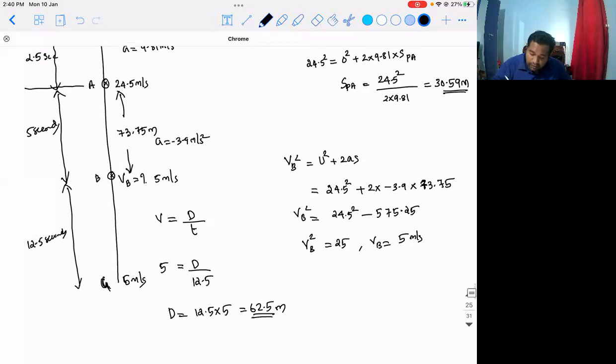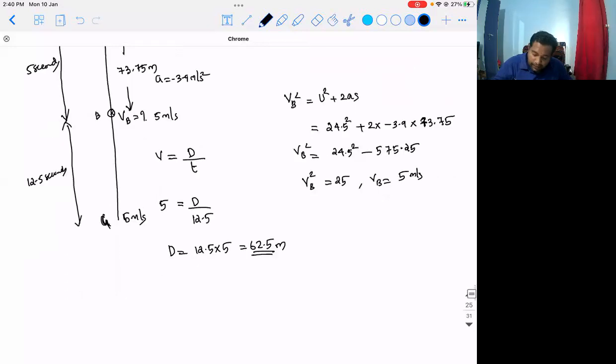Therefore, this is our D. The total distance is equal to SPA plus SAB plus SBG.